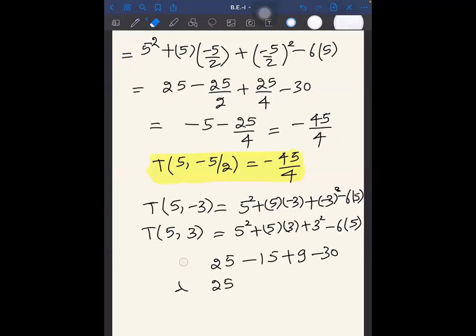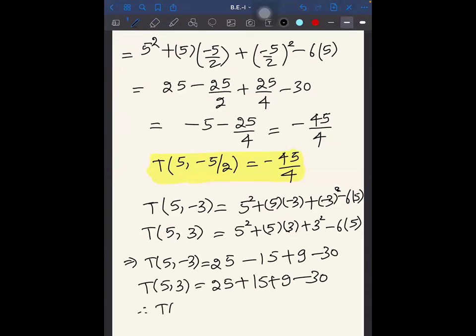Let me write it in this way so that there is no confusion. 25 plus 15 plus 9 minus 30. So therefore, t of 5, minus 3 will become what?